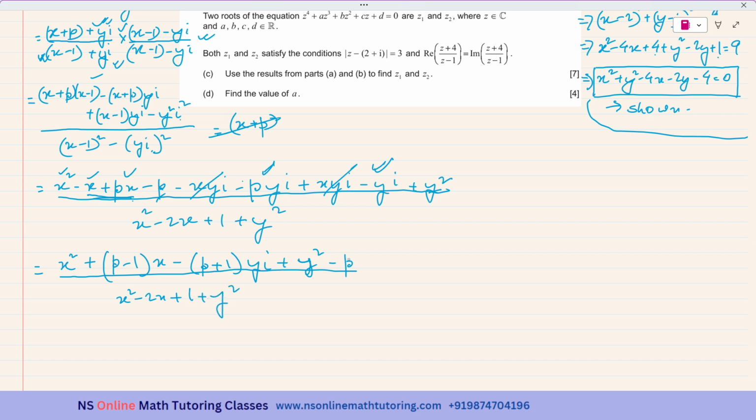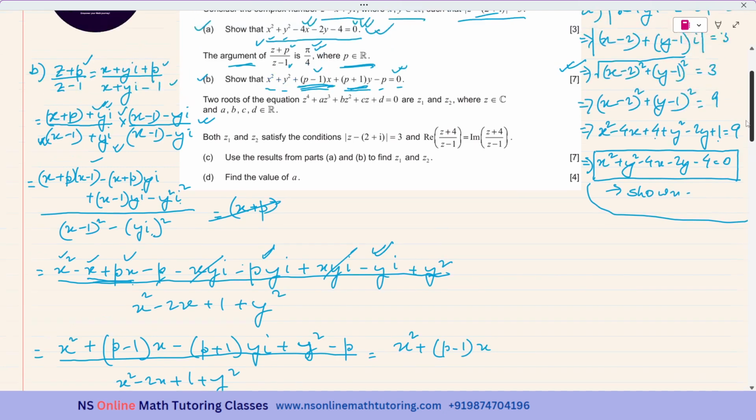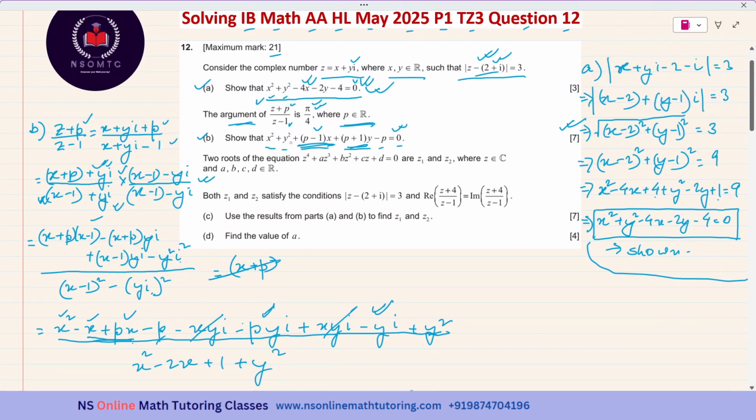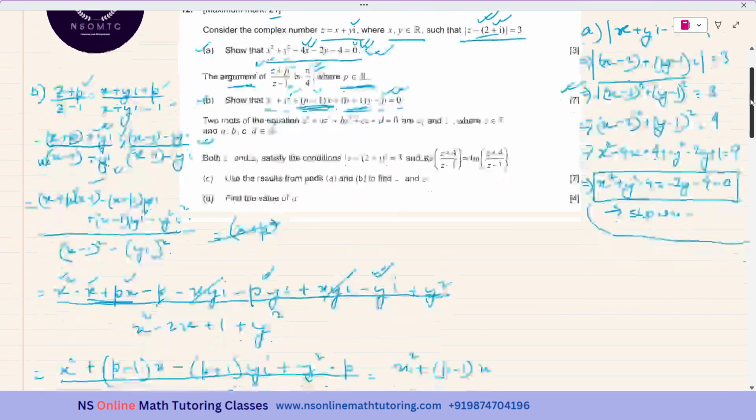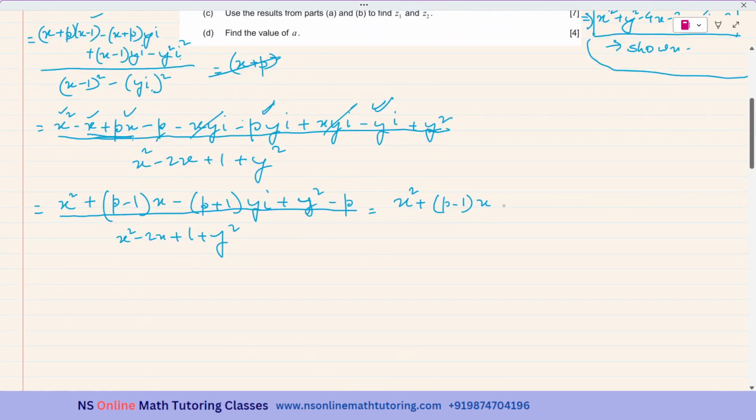Okay. And now I can separate the real and the imaginary parts. So it will be x² plus (p minus 1)x, and there is y² and p. Yes, they are there. And plus y² minus p, over x² minus 2x plus 1 plus y². In fact, you may keep the denominator as it is.